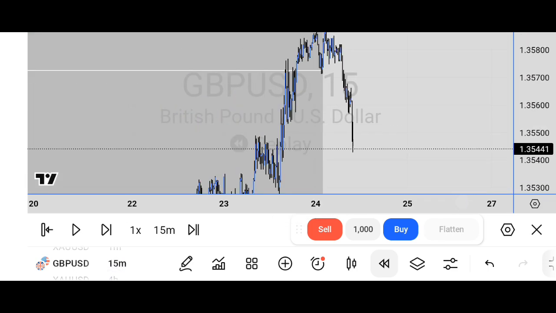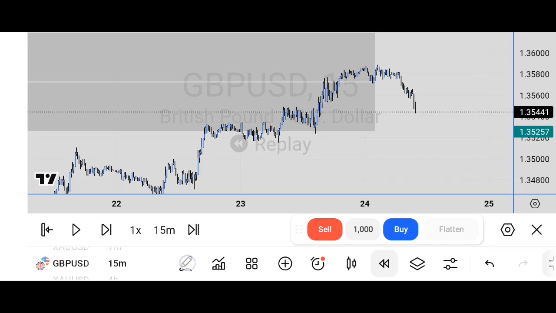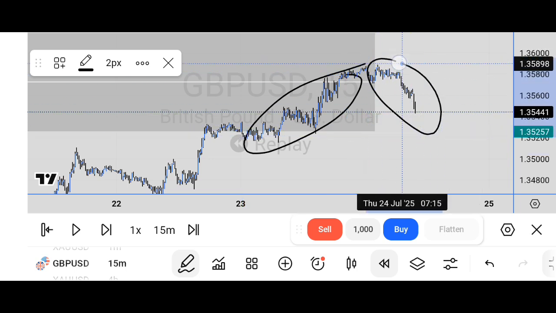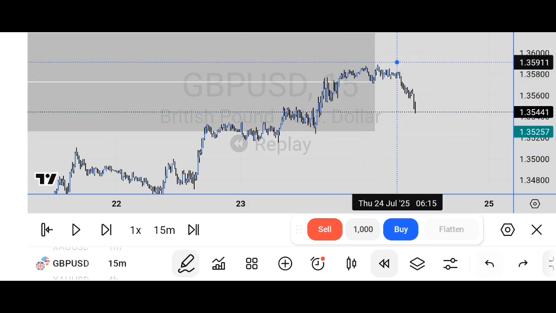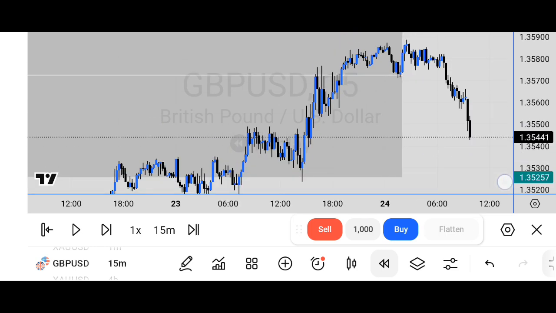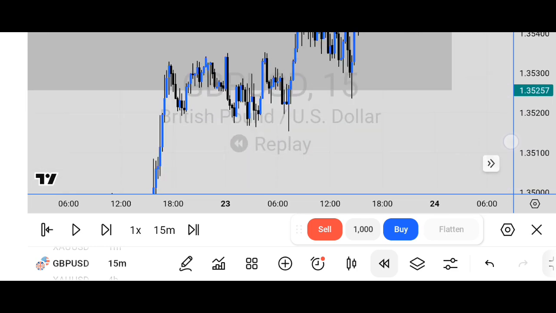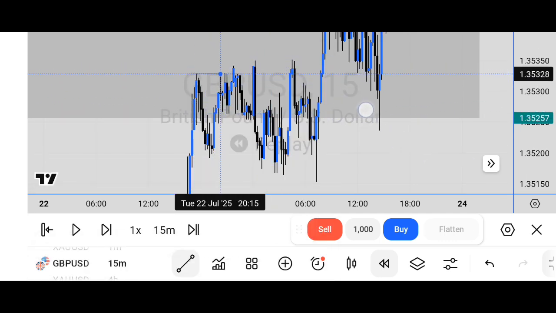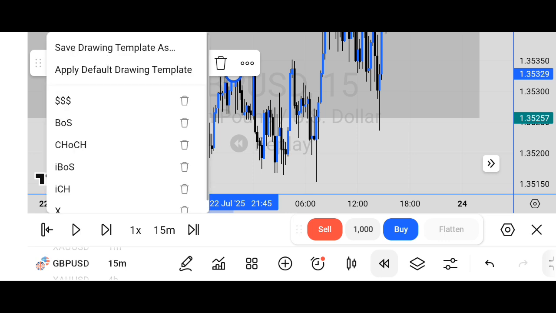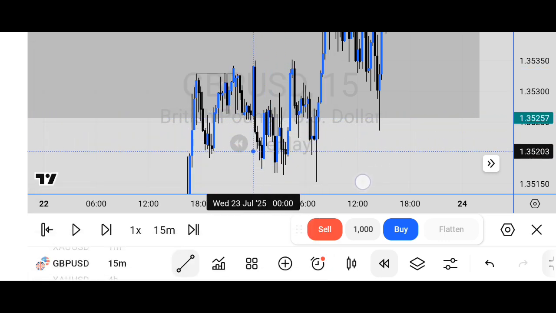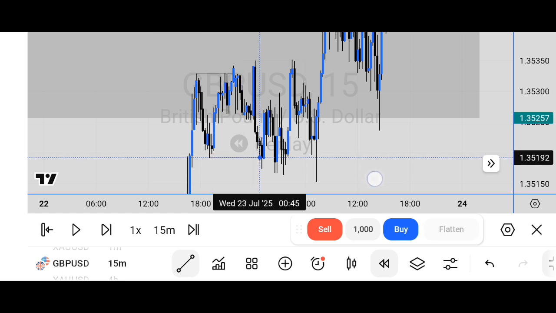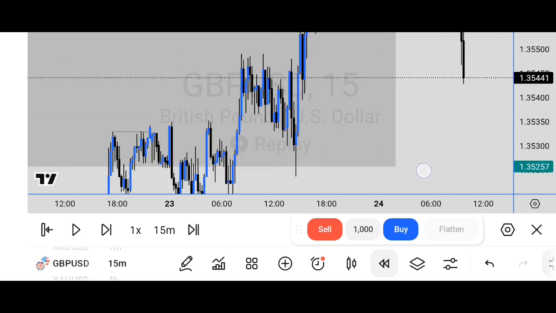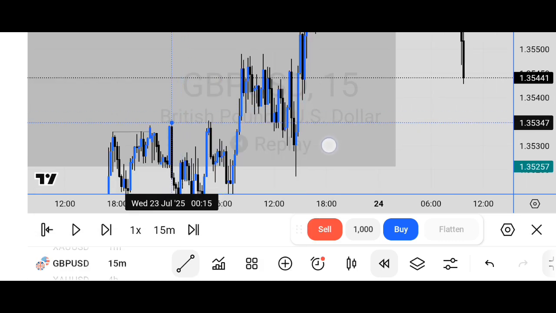But before we can look for entries, we need to analyze this previous structure on the 15 minutes to be able to get our entries here. So how do we do that? First of all, we identify the previous inducement. So this is the major inducement right here. We have a break of this high, then we have inducement taken out right here, and then we have our valid break of structure right here.